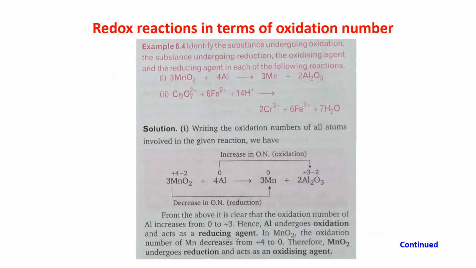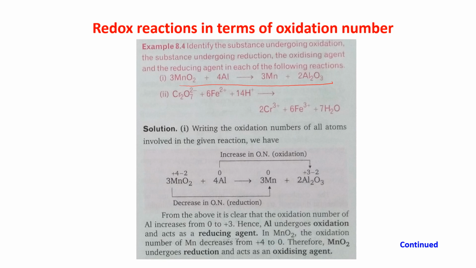Now, redox reaction in terms of oxidation number: how to see which one has undergone oxidation, the reducing agent, the oxidizing agent. The first example is MnO2 plus aluminium giving you Mn plus Al2O3.